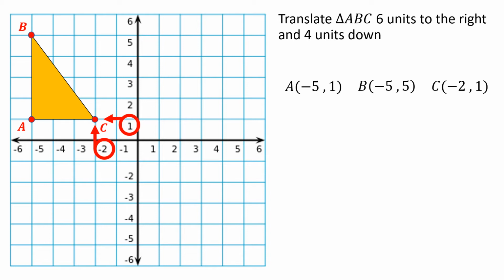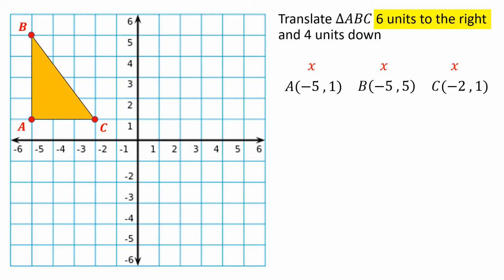Now, let us go back to the direction. It says here that we have to translate the triangle 6 units to the right. And if you can recall, in the previous slide, we also said that when you move the point towards right, it's a change in the value of x.